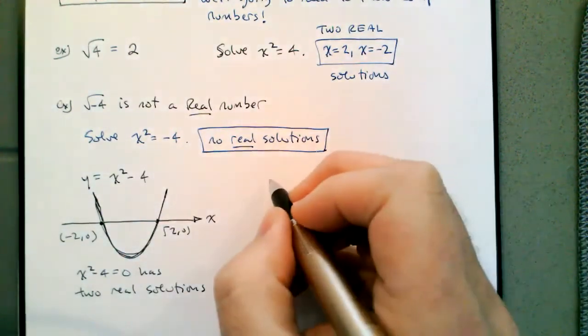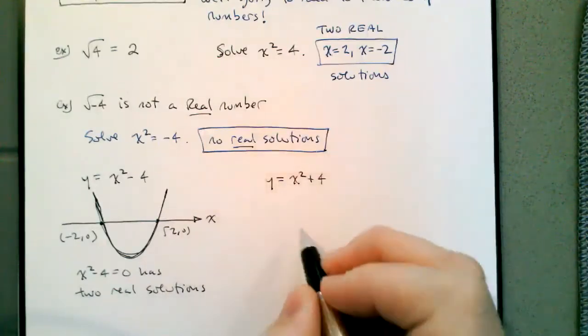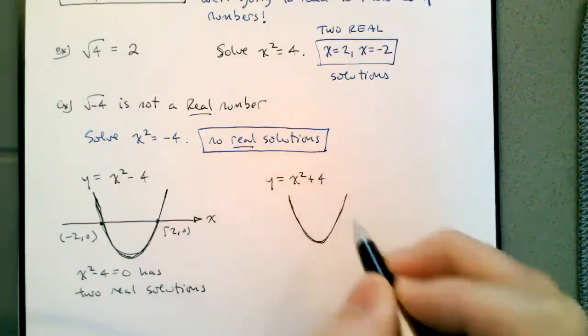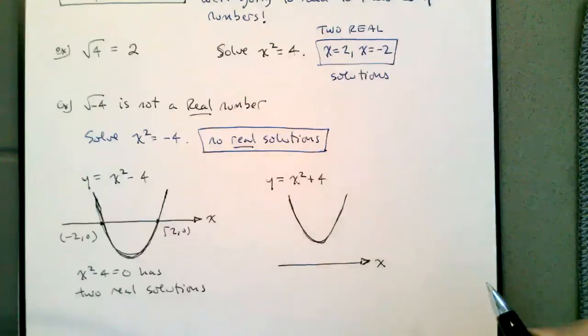Now, if we look at the function y equals x squared plus 4, we have the same shape, but now the parabola is going to be 4 units above the x-axis.